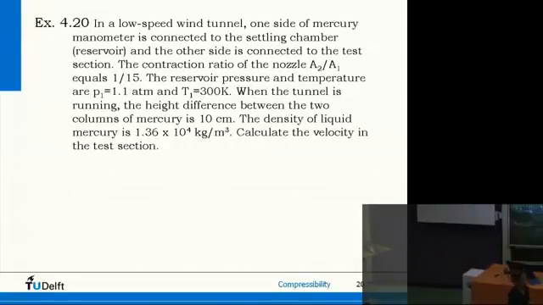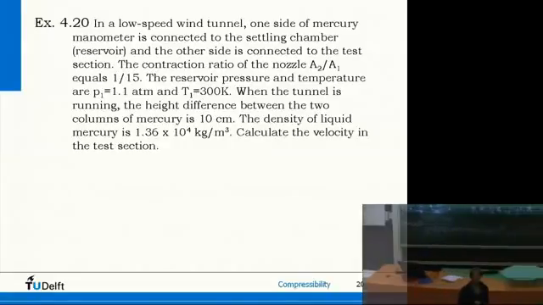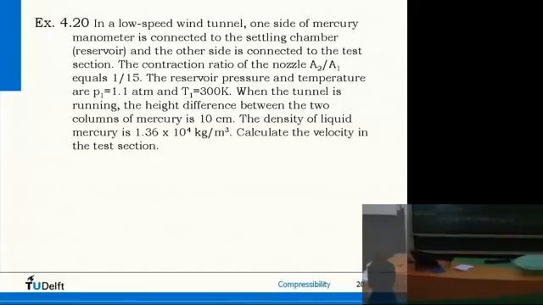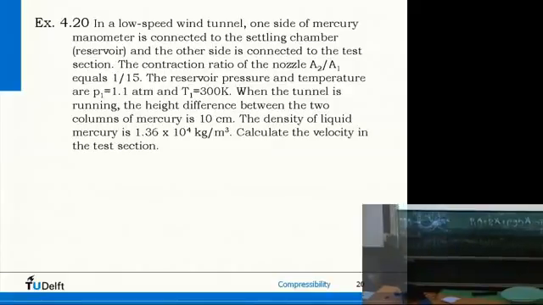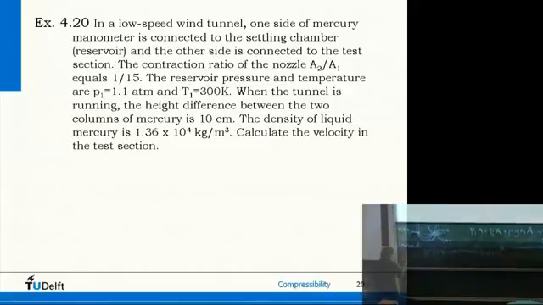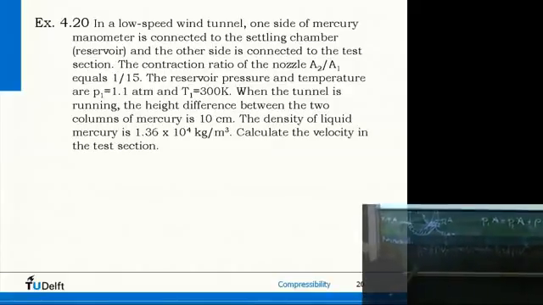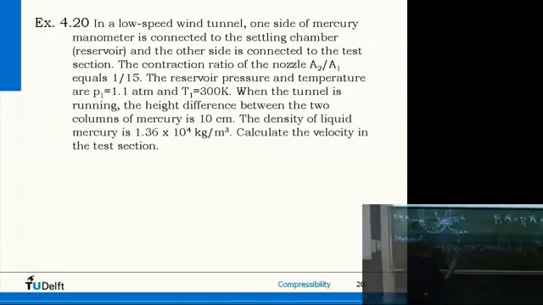Do we have somewhere pressure and temperature? Reservoir. Or, well, settling chamber, it's called here. So rho from the equation of state, that's the settling chamber. Okay, so rho we know.